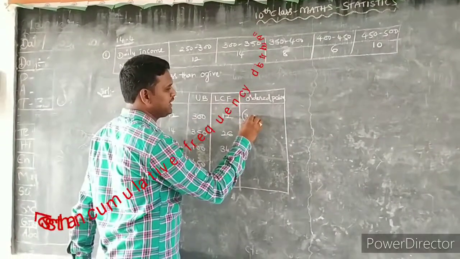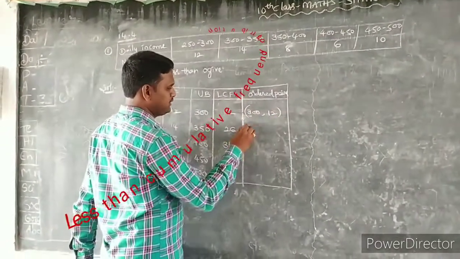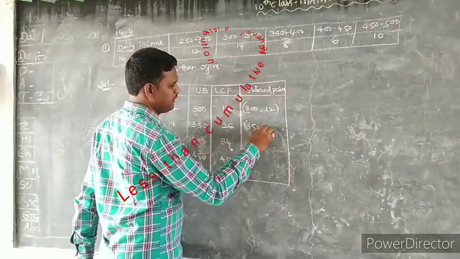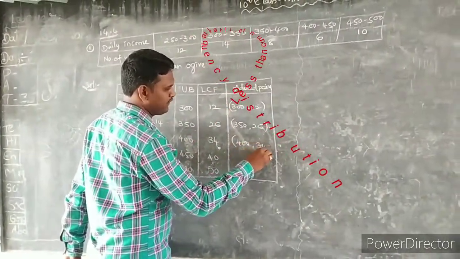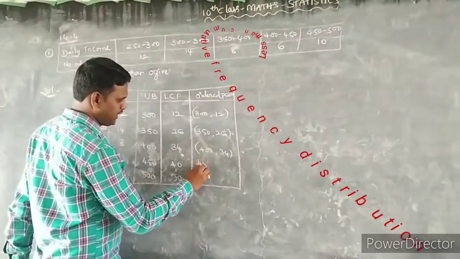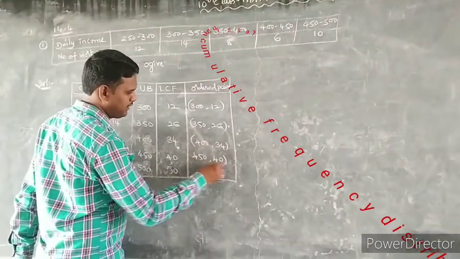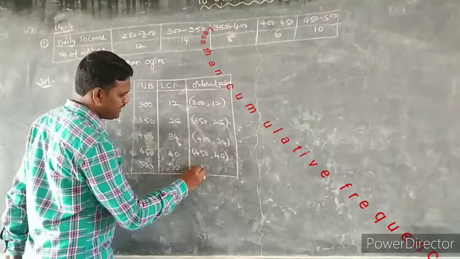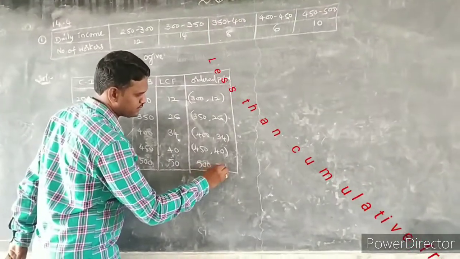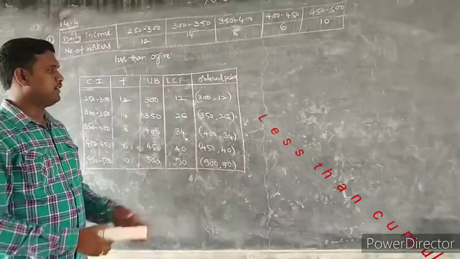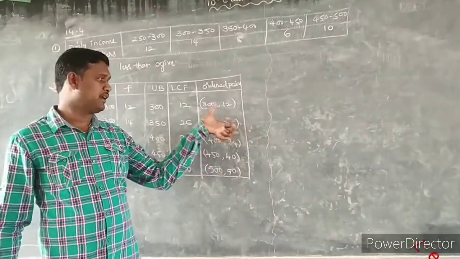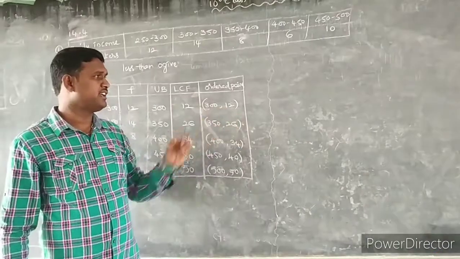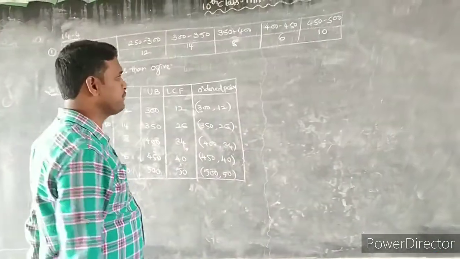That's why 300, y-axis value 12, and 350, 26, 400, 34, 450, 40, 500, 50. Now all these are ordered pairs, x coordinate, y coordinate. Now let us move to graph paper.